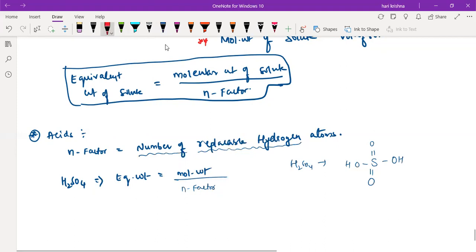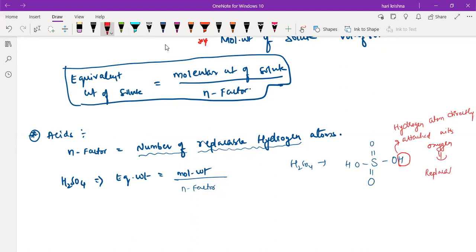The replaceable hydrogen atoms are whichever hydrogen atoms are directly attached to the oxygen. A hydrogen atom directly attached to oxygen is called a replaceable hydrogen atom.